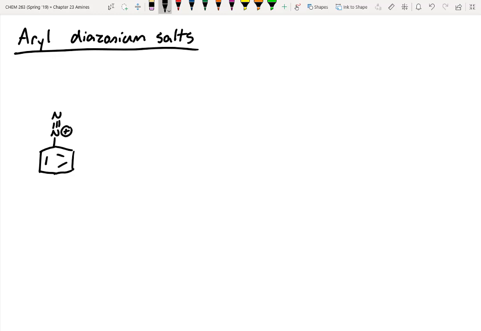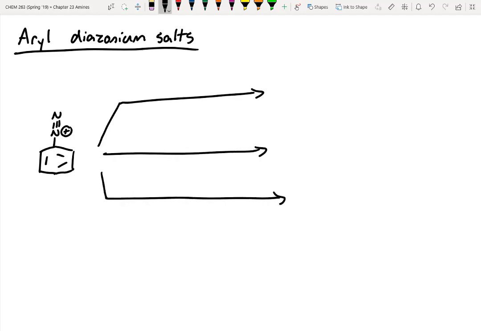All right. So the cool thing is this works really, really well for aromatic molecules. These are remarkably stable. You did this in lab, right? You had an aromatic molecule that you made into a diazonium salt. This is a super versatile intermediate and can do a bunch of cool reactions. So we'll just look at four unique reactions off of this.